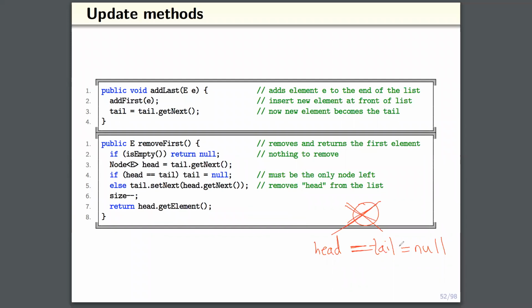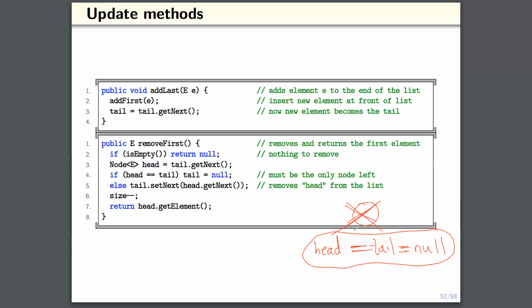Even if they have 0 nodes, still head is equal to tail, isn't it? Yeah, but that case isn't going to happen because it has an is empty at first. Exactly, right? So though head is equal to tail happens in 2 situations, you're already covering one of the situations. So the only possible alternative situation is this, right?